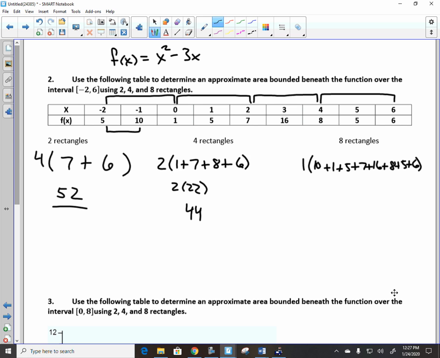So you can see I start with 10, and I move on forward all the way down this row, and I connect all the way over to 6. And anybody add that all up? What did you get? 58? Okay, 58. Great. So that's the estimated area.